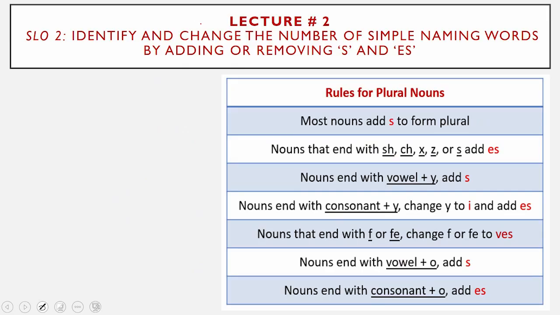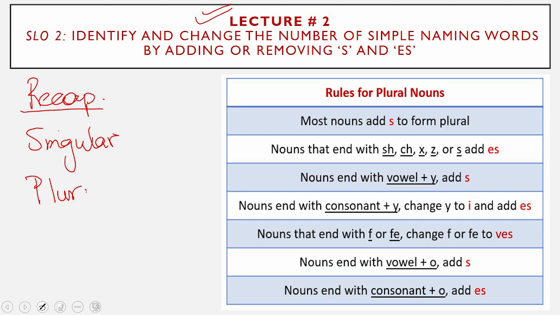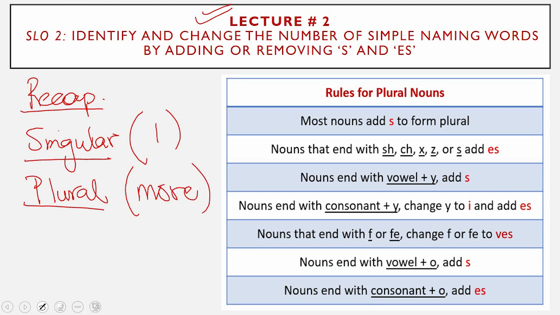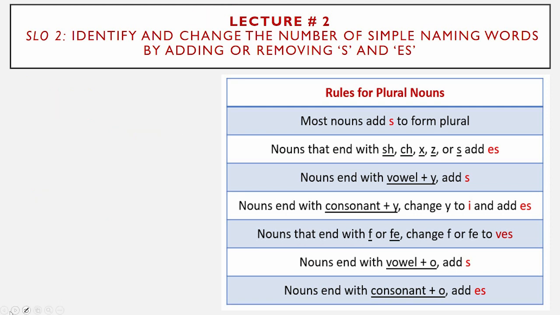Before we continue with the lecture, let's have a recap for singular and plural. Singular means single, one. Plural means more than one. Let's talk about an example.